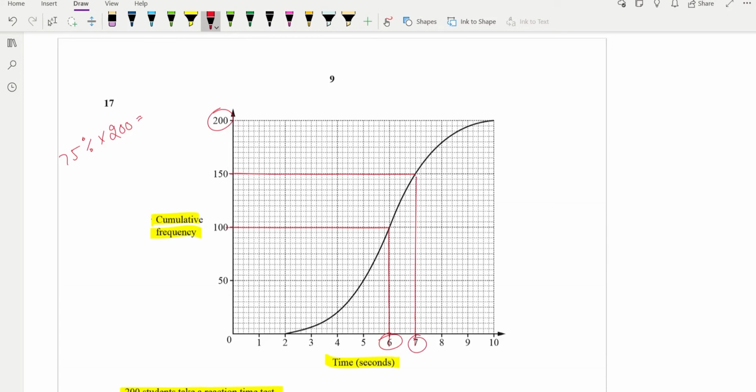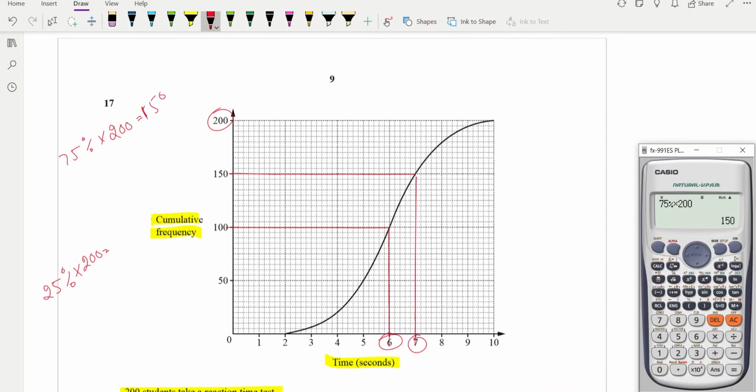The lower quartile will be the 25th percentile of 200, which will be 50.